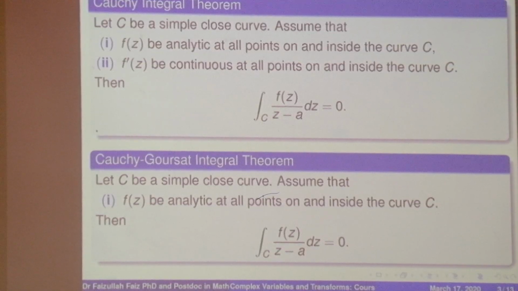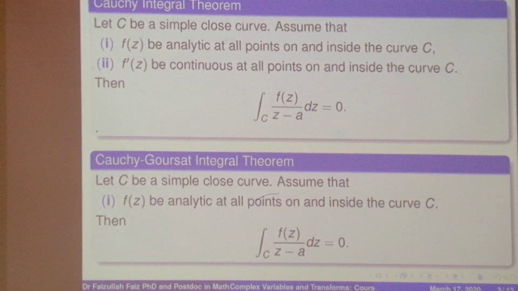So by the Cauchy-Goursat theorem, we only need a simple closed curve, and then we need that the function must be analytic. So if these conditions are satisfied, then the value of the given integral is equal to 0.